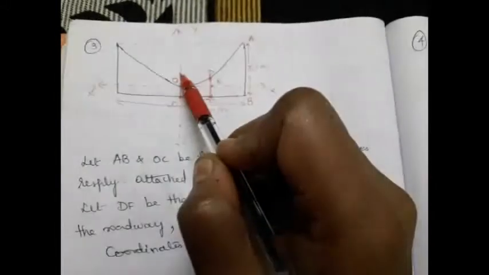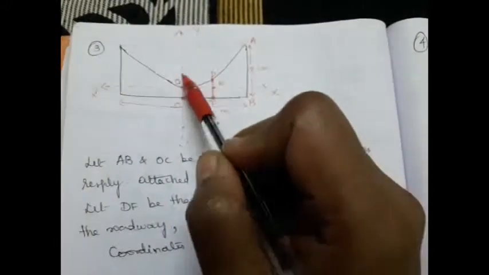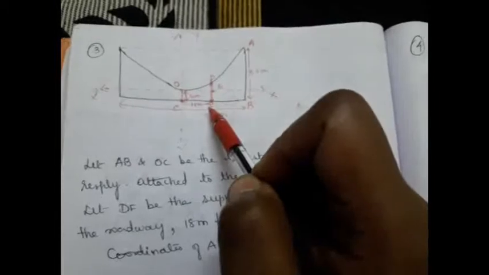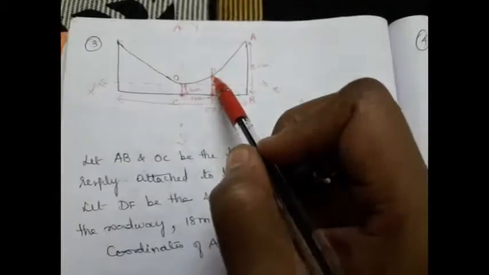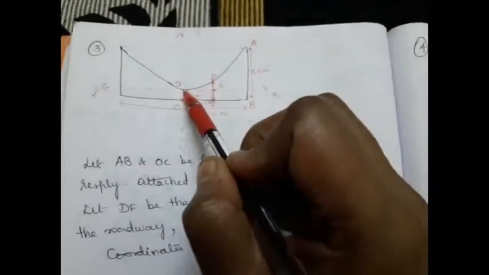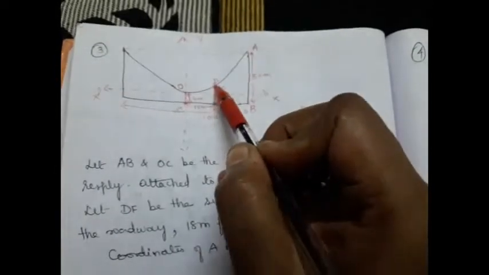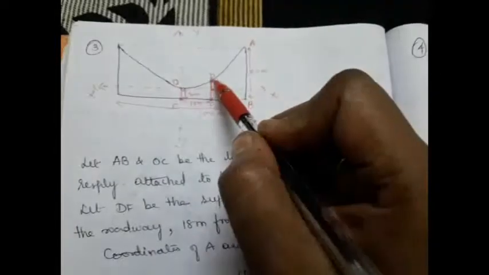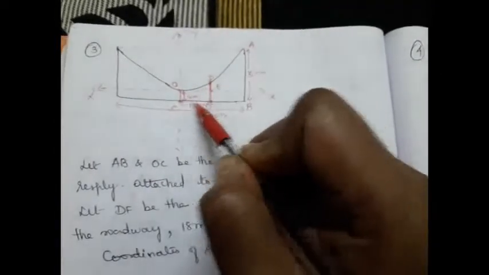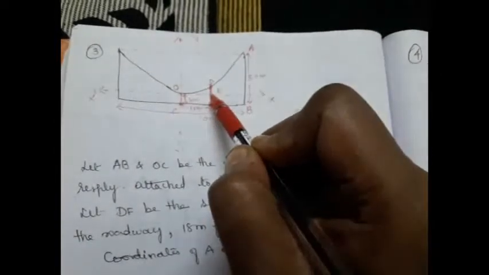So if we know the y distance, we can find DF. But when it comes to the parabola, if we find the y value, that is going to give you only DE, right? We are going to find the coordinates of D. If this is 18, this is also going to be 18.